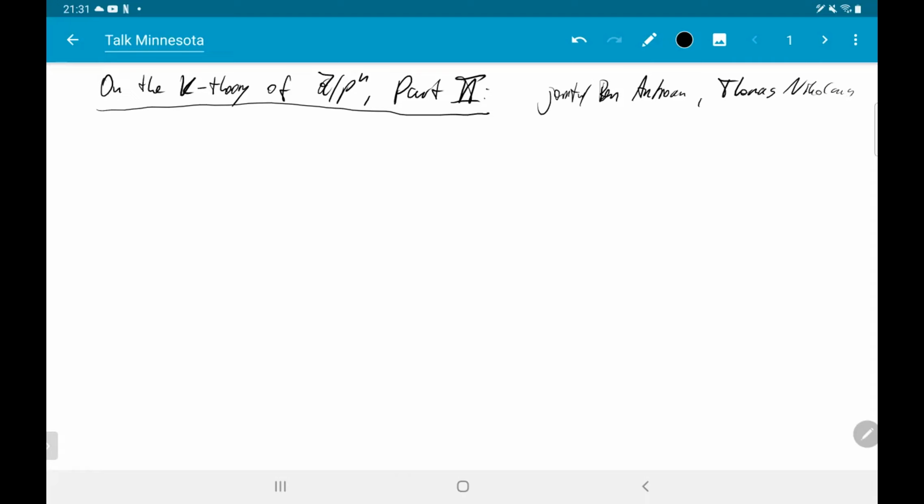And the way we do this, let me recap very quickly what Ben told you last week. We compute the K-theory of rings of the form O_K mod pi^n through trace methods, i.e. through comparing with TC.